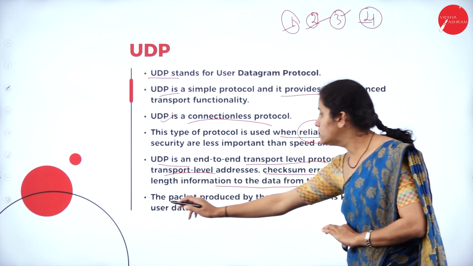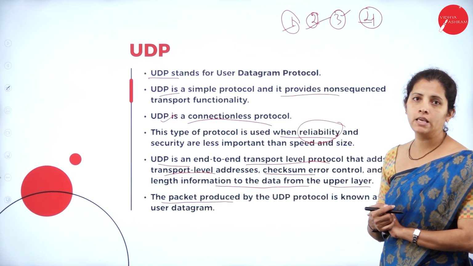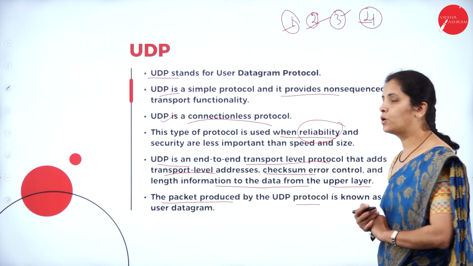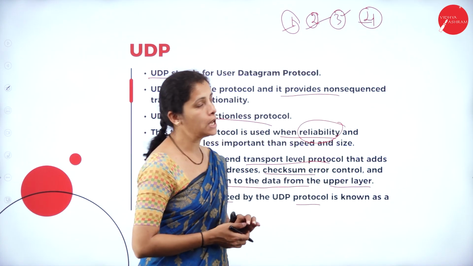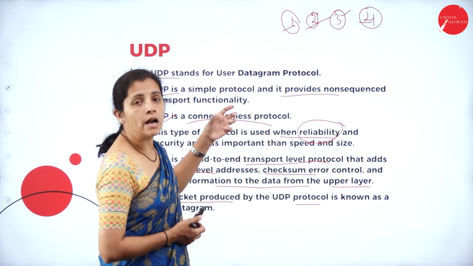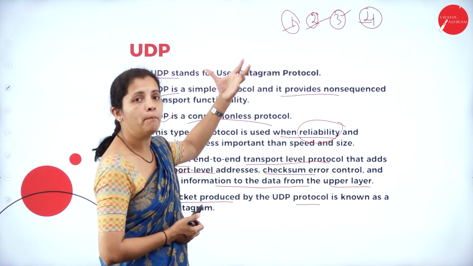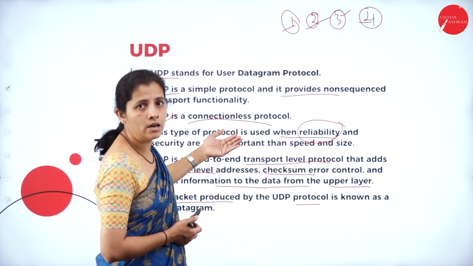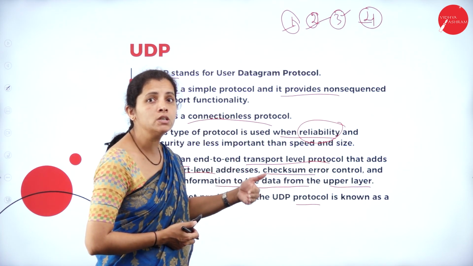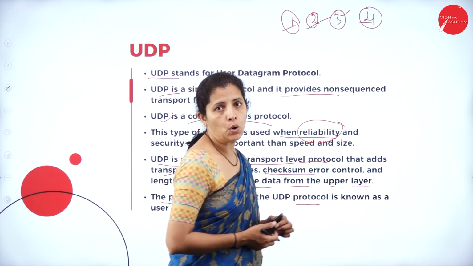And the packet produced by the UDP protocol is known as a user datagram. In the transport layer, the data are called packets, and the packet that is generated here is known as a user datagram.